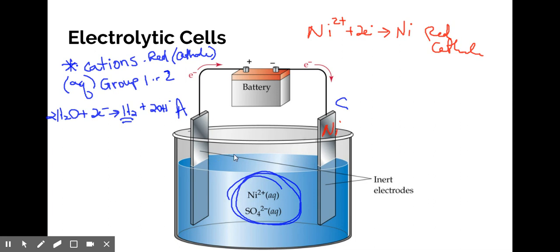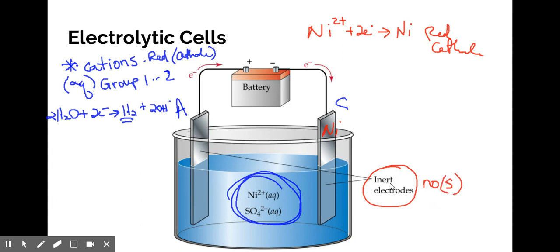Now it says that you're going to use inert electrodes. You definitely can do that. Okay, we used inert electrodes when we did our copper 2 sulfate solution, and we used the little nail or the screw for one of our electrodes. So that's totally fine. When you really use inert electrodes is if there is no solid in my half reaction.